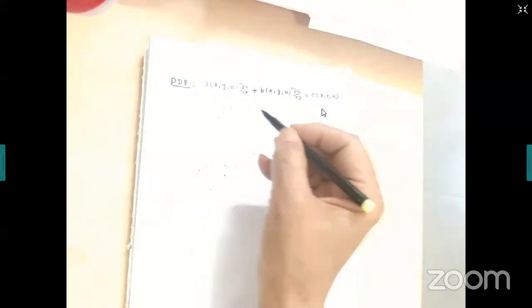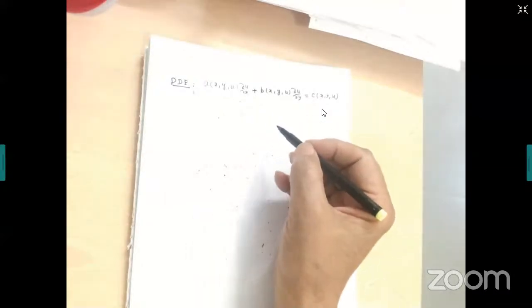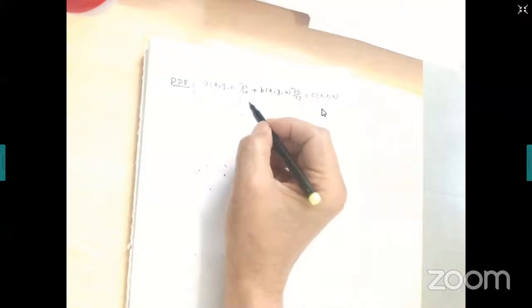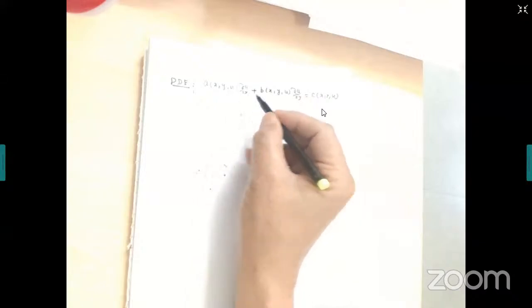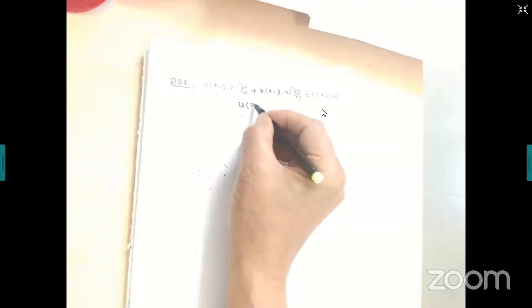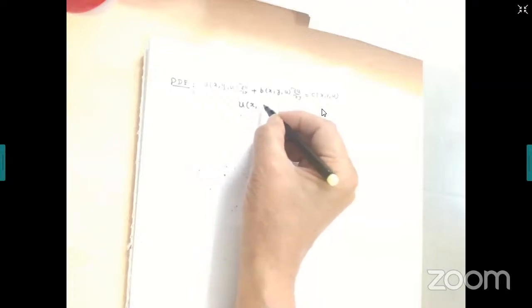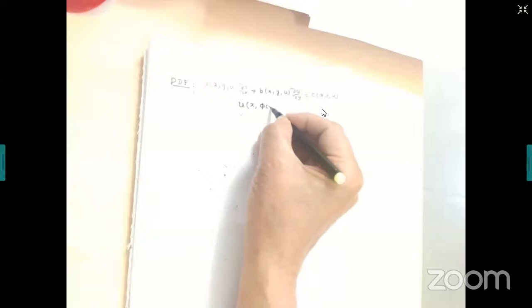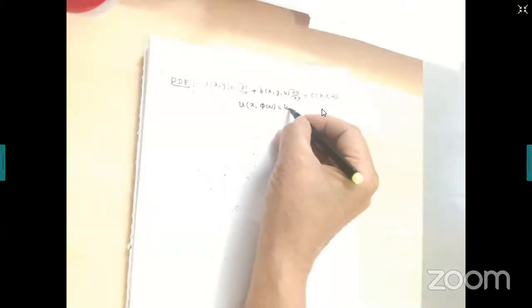Now, how to solve it? I explained yesterday that our objective is to solve this differential equation such that along this curve y is some function of x, let me write φ(x), this is equal to u₀(x).